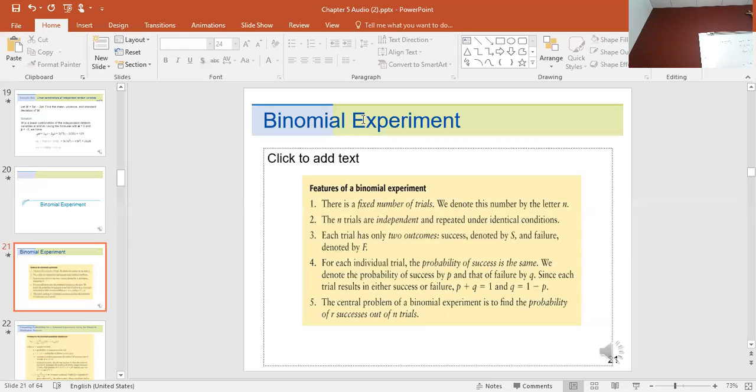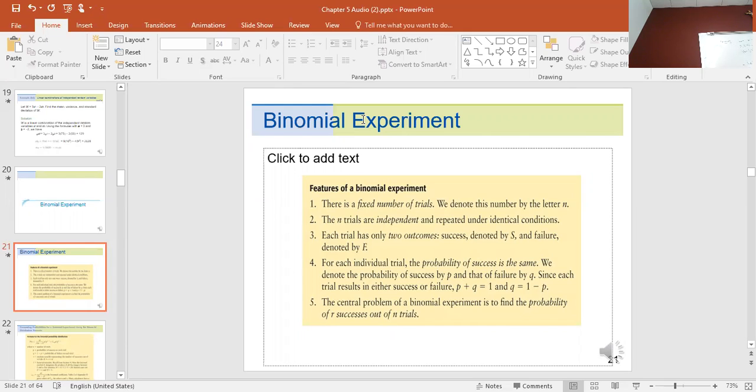Now we will say that X is the number of successes. X, the number of successes, is called the binomial random variable. X, the binomial random variable, generally has value 0, 1, 2, up to n if there are n trials.